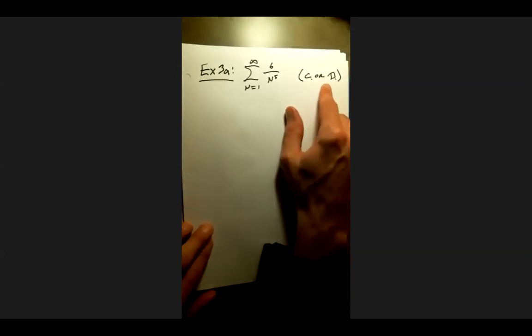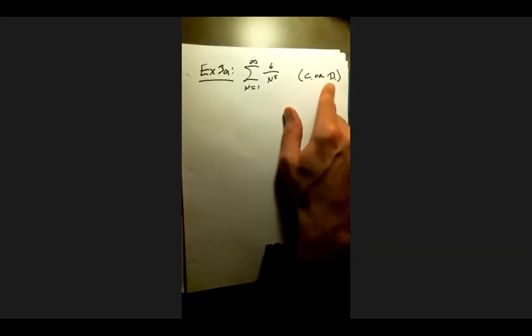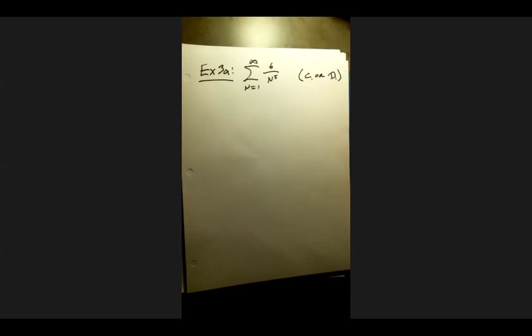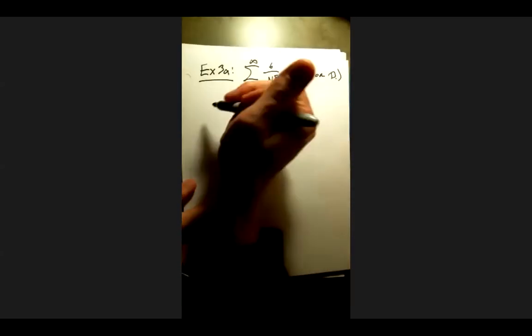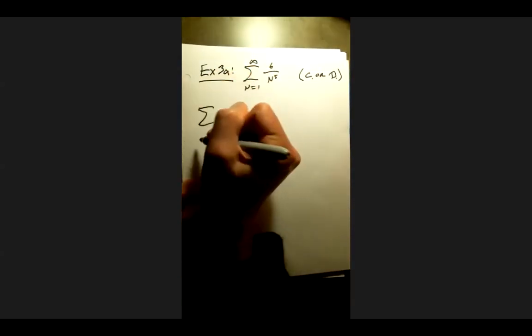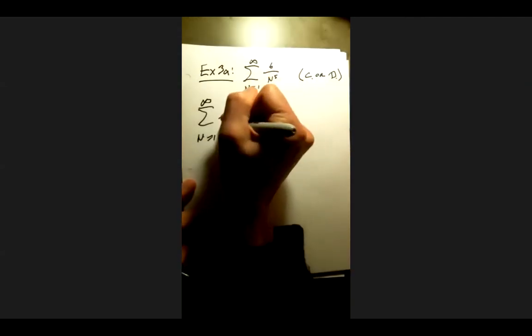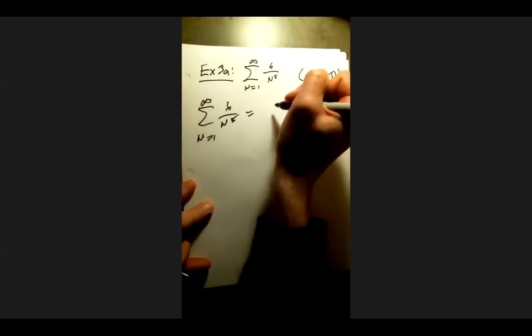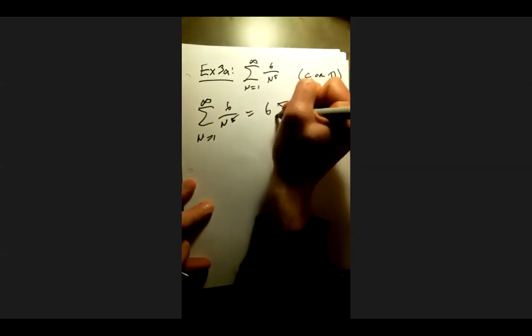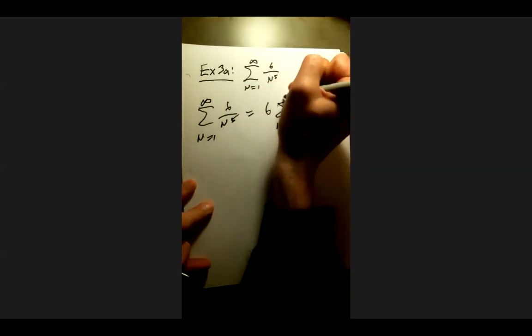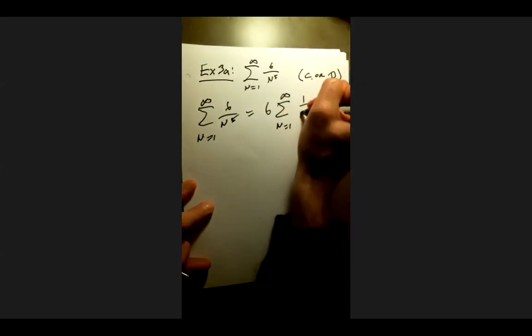Here I have C or D, converge or diverge. That's the question we're working on. So we could write this series as 6 times the series from n equals 1 to infinity of 1 over n to the 5th.